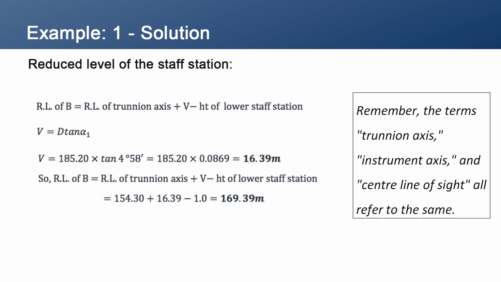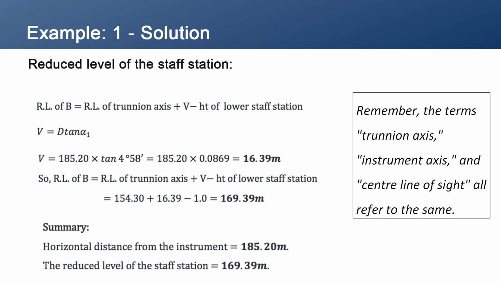V is equal to 185.20 into tan 4 degree 58 minutes, which gives the value 16.39 meter. Now, we can calculate the RL of B. RL of B is equal to RL of trunnion axis plus V minus height of the lower staff station, which is equal to 154.30 plus 16.39 minus 1, is equal to 169.39 meter. Summary here: the horizontal distance from the instrument is 185.20 meter and the reduced level of the staff station is equal to 169.39 meter.